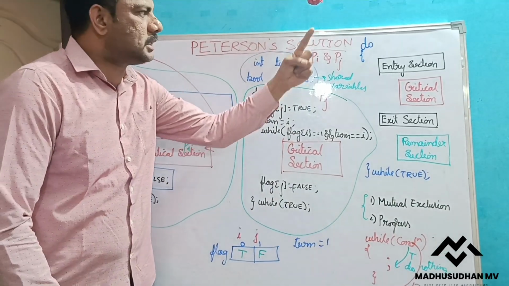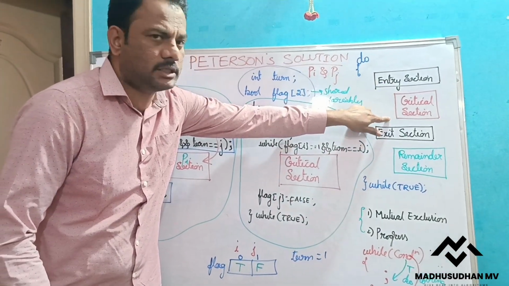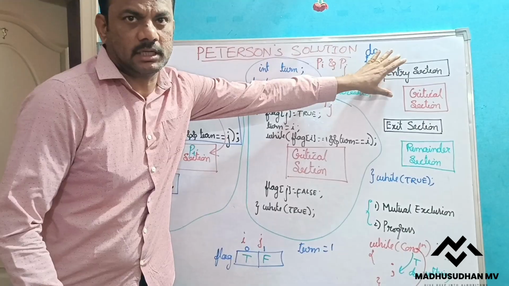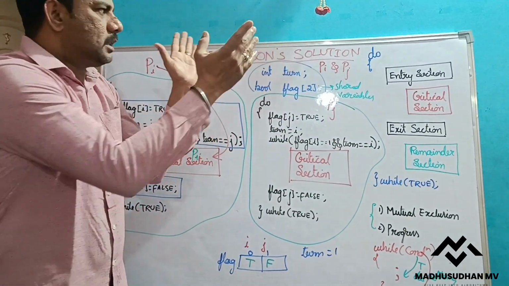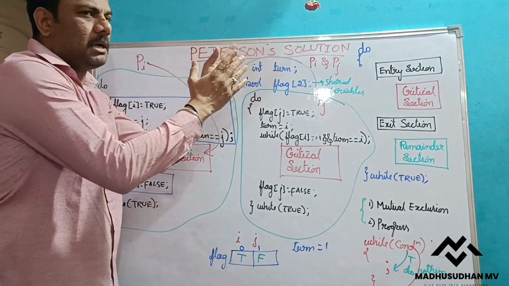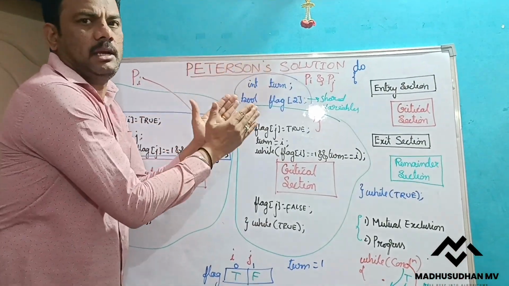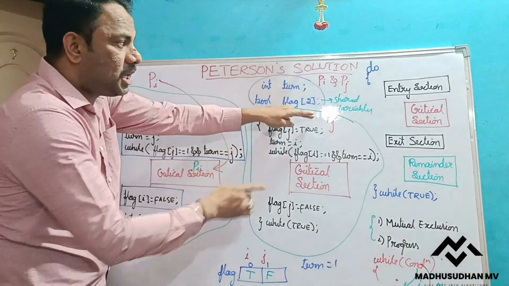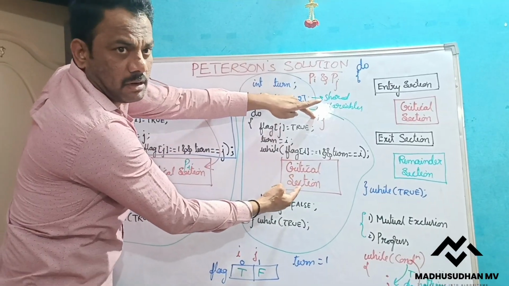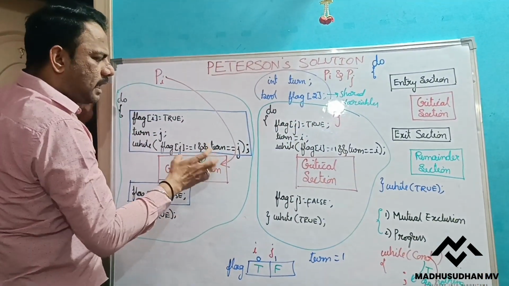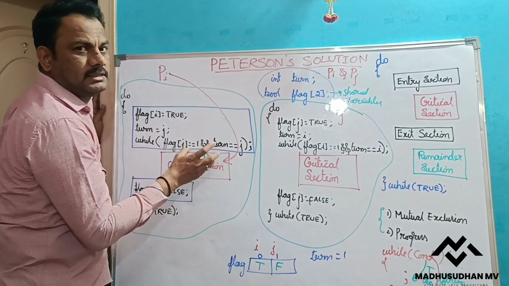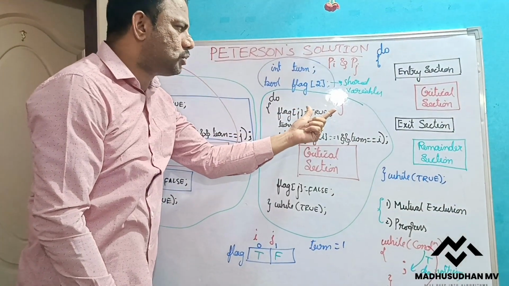But before entering, any process has to check if somebody is already there or not. This method is applicable only to two processes: either pi should be there or pj should be there. Now pj wants to enter the critical section, but already pi is there.